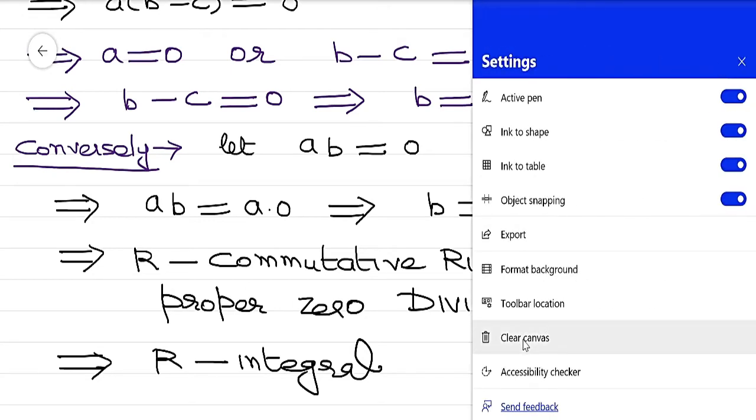Now, the next result is that a field is always an integral domain. So, the next theorem is a field is an integral domain.